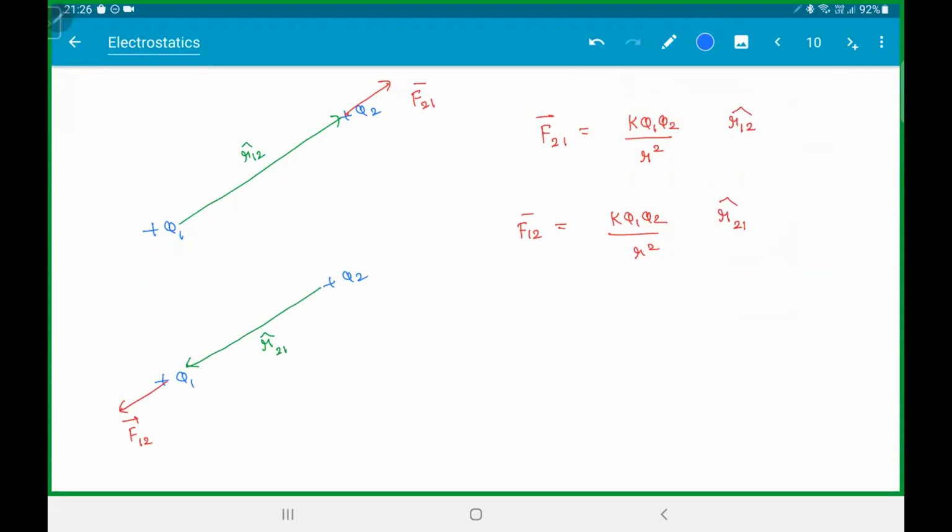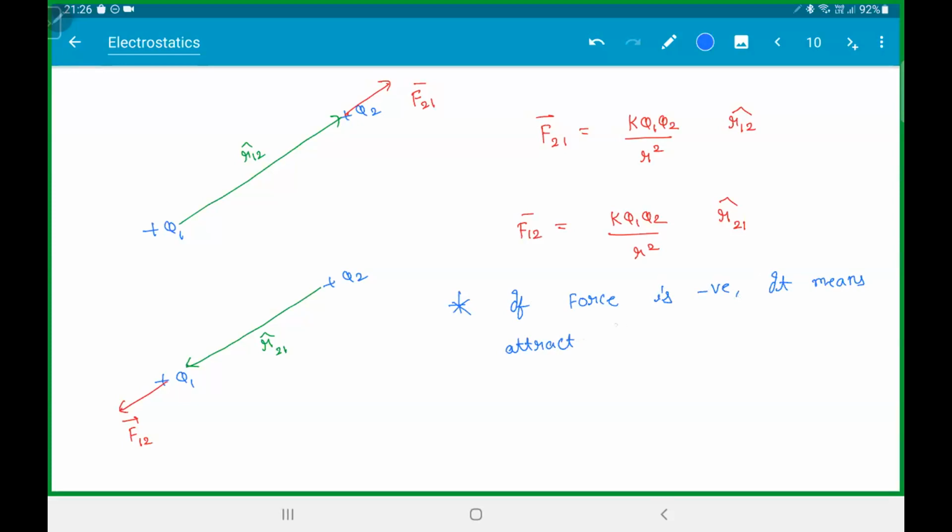If Q1, Q2 are both positive, meaning there's a repulsion, the force is away from the charges. If the force is negative, it means the force is attractive. Getting it? So if someone says the force is minus 5 newtons and another says plus 5 newtons, it doesn't mean plus 5 is greater than minus 5.